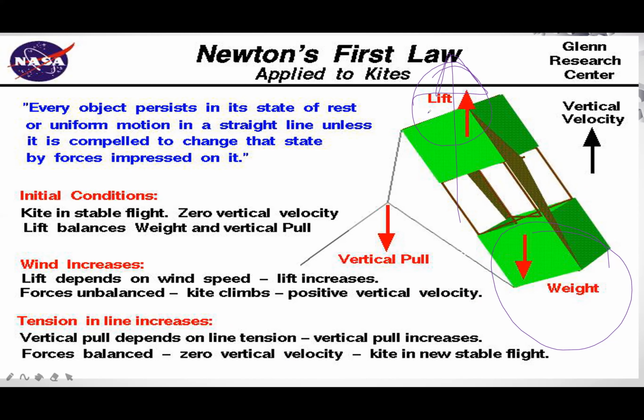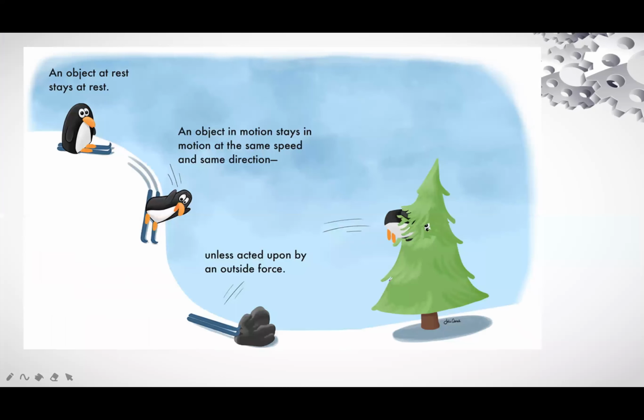Tension in the line increases, and the vertical pull depends on the line tension. Vertical pull increases, forces balance, zero vertical velocity, and the kite is in a new stable state. If the vertical push in the upward direction is equal to the downward, it will be in a balanced condition, otherwise not.